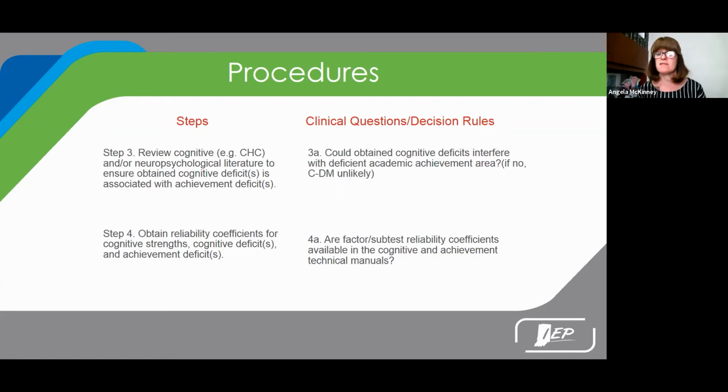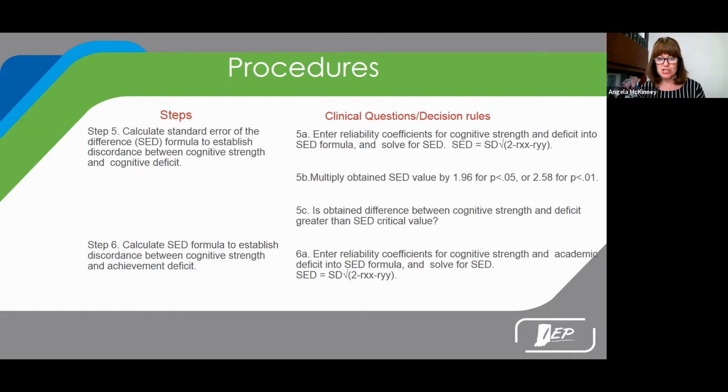A lot of them may still have the cellophane on them because we just assume most of the time that when we get tests, they've got good information in them and we're never going to have to look at this stuff. But here you would have to look at it. You have to pull out those coefficients and you have to put them in this lovely formula, right? To calculate the standard error of difference.